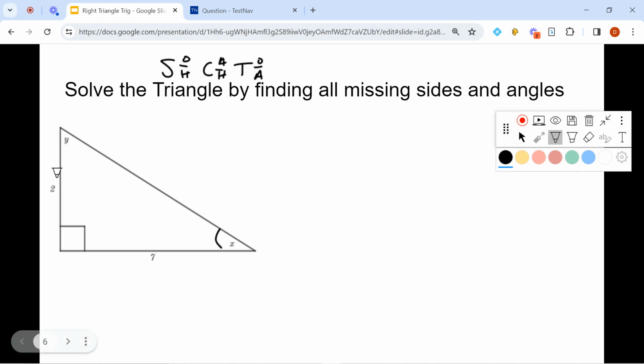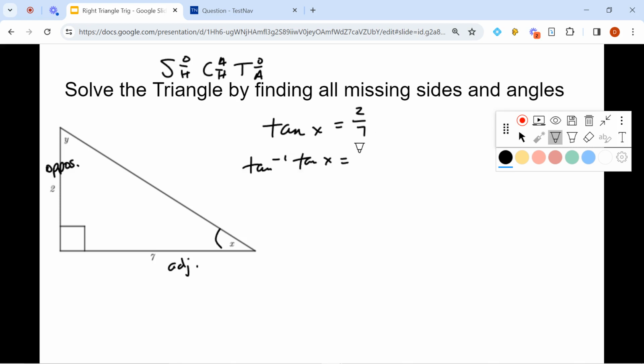From angle X, we have this 2 across from it. That's the opposite side, and the 7 is the adjacent side. Opposite and adjacent is tangent. So the tangent of X is equal to 2 over 7. We take the inverse tan on both sides because we want to find the angle.